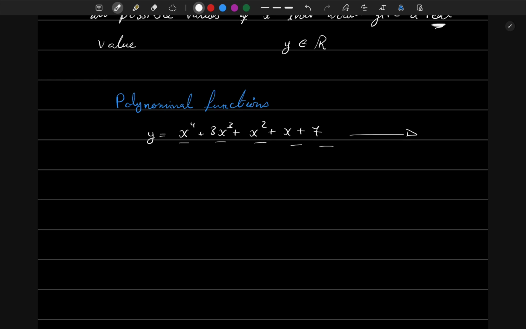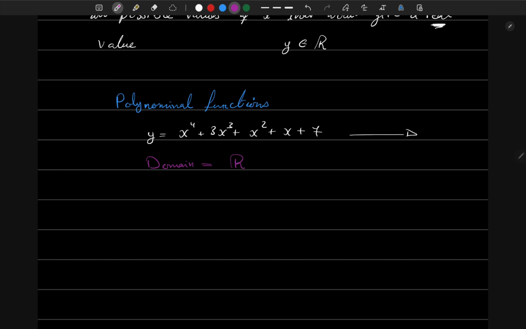Those are polynomial functions. And polynomial functions are the ones that are easiest to find domains for, because the domain for any polynomial function is just R. The domain for any polynomial function is just going to be the group of real numbers.